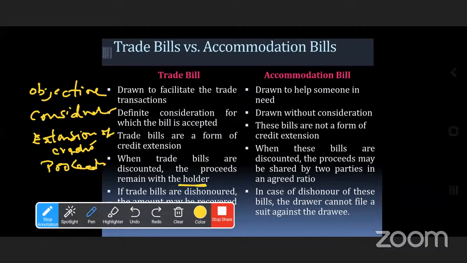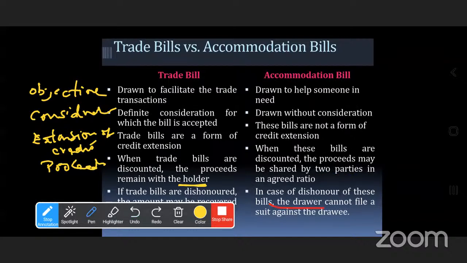But in the accommodation bill, when the bill is discounted, the proceeds may be shared by both the parties in an agreed ratio. They will agree on a particular ratio, and based on that they will share these proceeds.